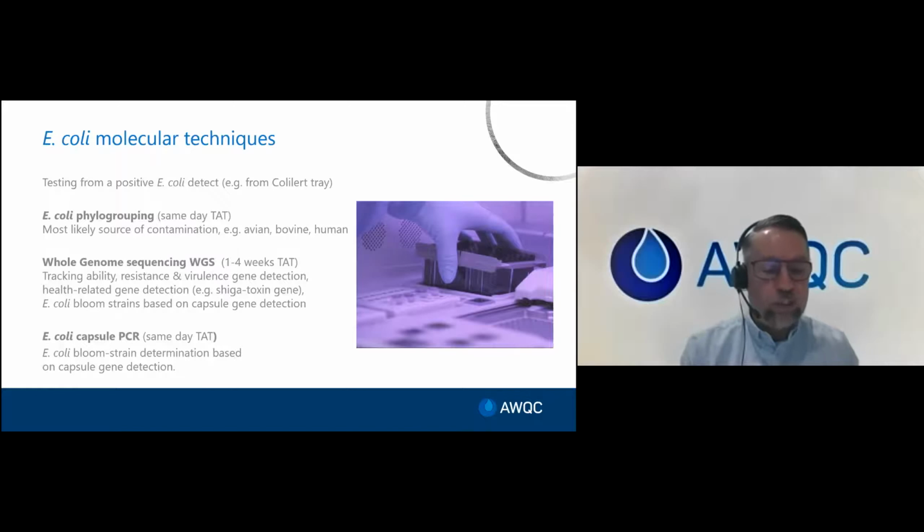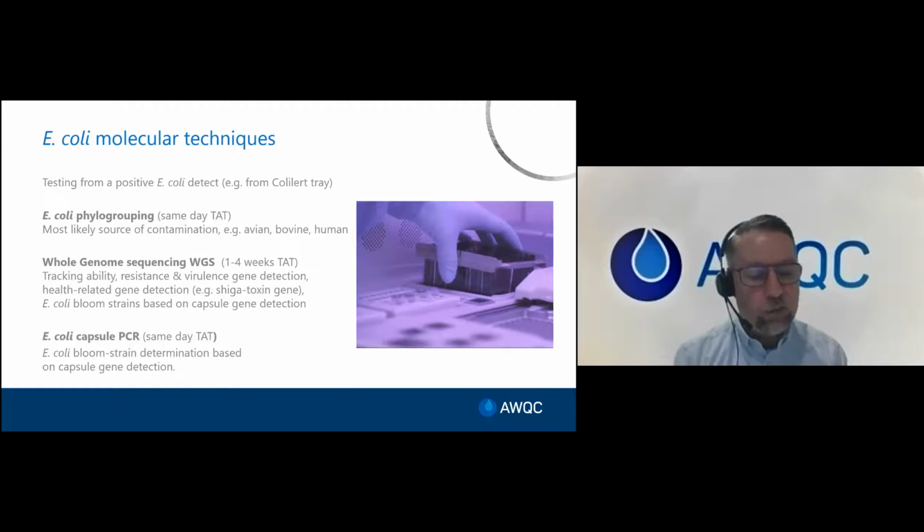For tracking of E. coli, and if more detailed information is required, then whole genome sequencing is recommended. And this provides, in addition to fingerprinting the individual isolates, a bioinformatics pipeline that was developed to identify any genes associated with human health risk or the potential to form blooms.